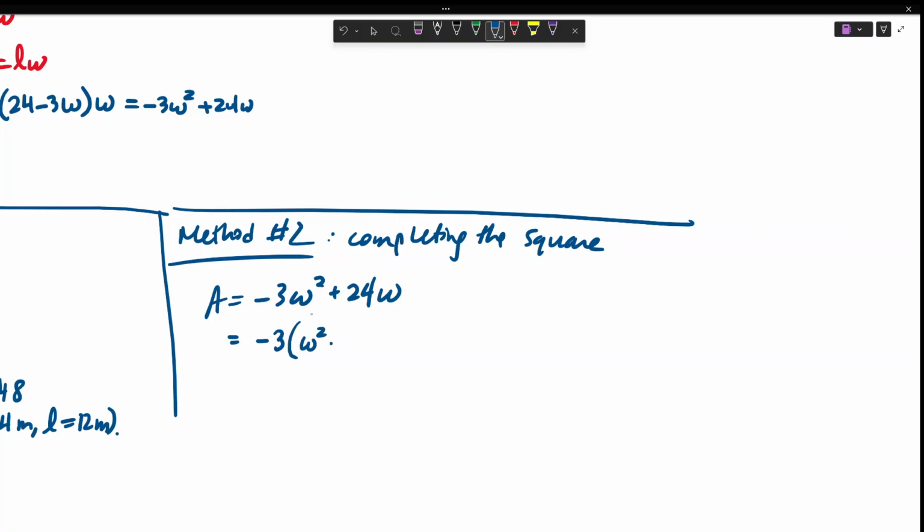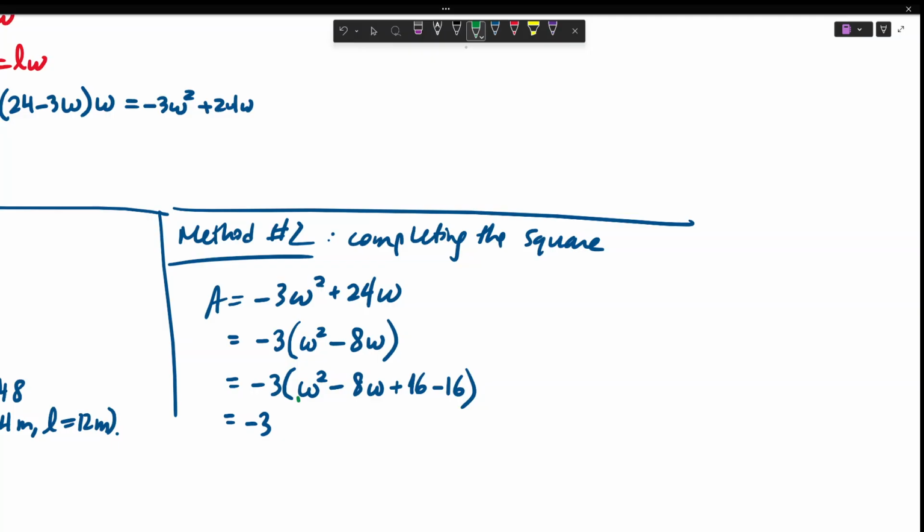So you're going to get w squared minus 8w. Then you're going to complete the square on the inside. If you take the coefficient of w, which is negative 8, and cut that in half, that's negative 4. Then you square that, which is 16. So the 16 is going to complete the square. You can't just add 16. You've got to also undo that, so negative 16, so you didn't do anything.